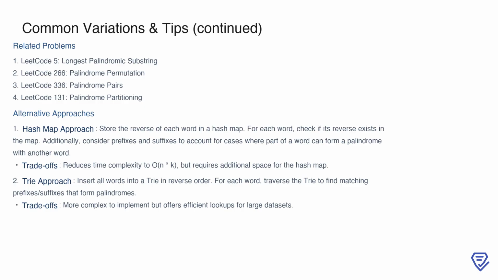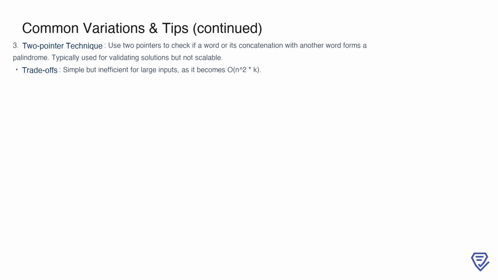Another approach to consider is the two-pointer technique. This method involves using two pointers to check if a word or its concatenation with another word forms a palindrome. For example, one pointer starts at the beginning of a word and the other at the end, moving toward the center to validate palindrome properties. While the two-pointer technique is often used to verify solutions or test smaller cases, it is not scalable for large inputs.